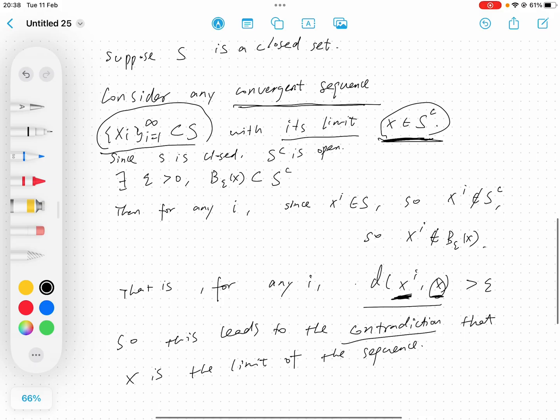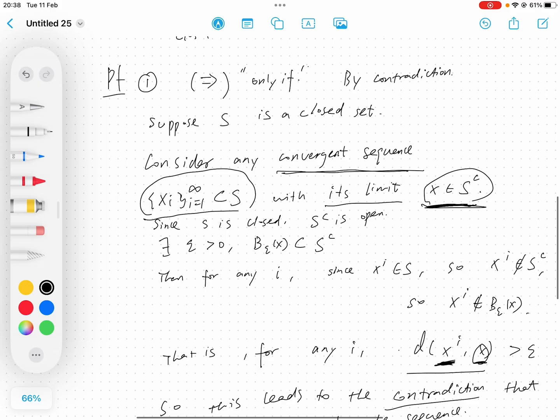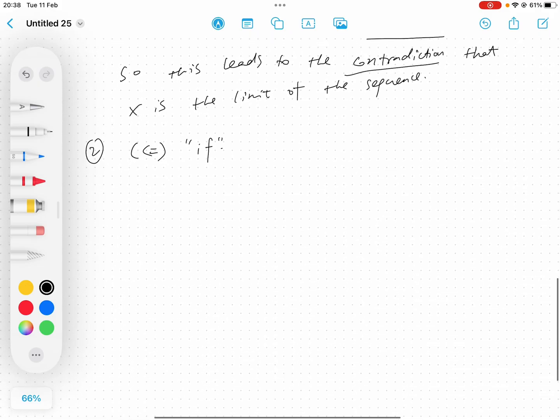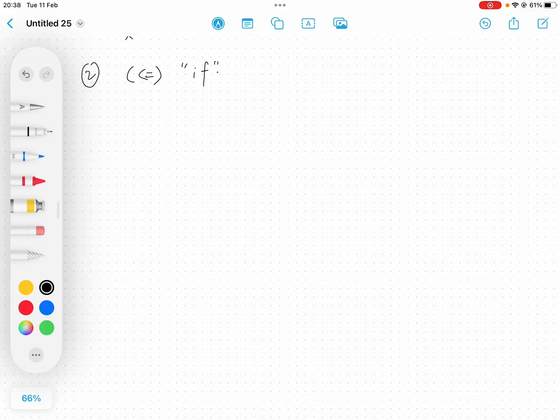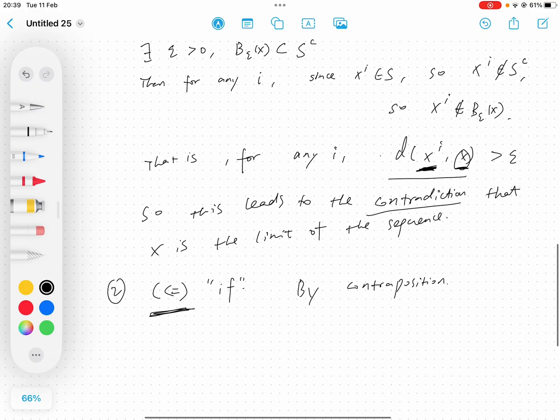Okay, so now let's try to prove the other direction, the if direction. Good. For the if direction, an easier proof would be to use the contraposition, or you can call that the contrapositive. Those are essentially the same thing. So by the contraposition, remember that we're going to show the backward direction.